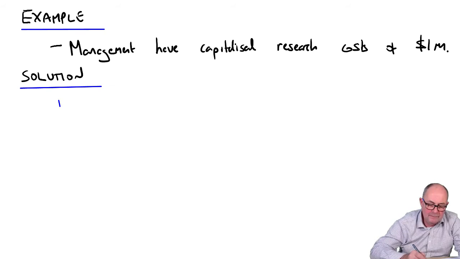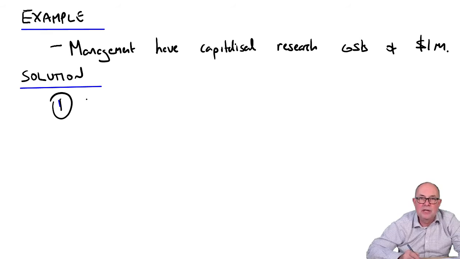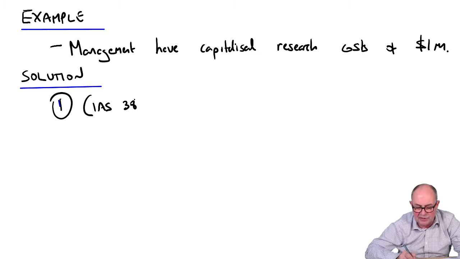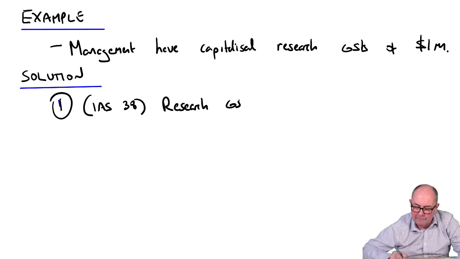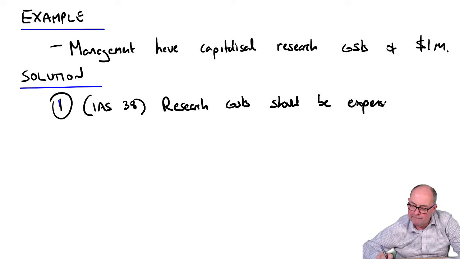So in terms of the accounting, you do not need the standard number. I'm only putting it for your reference. IAS 38 says that research costs should be expensed in the profit and loss.